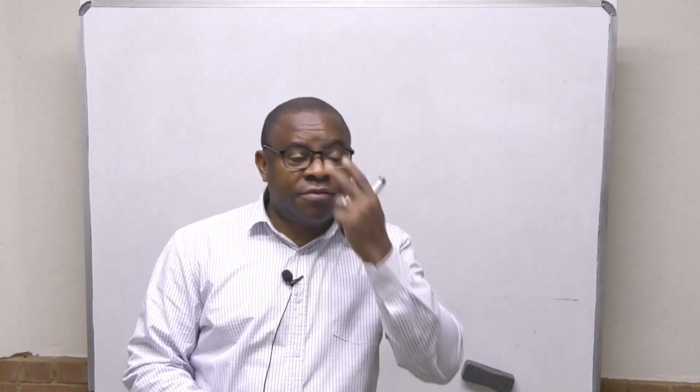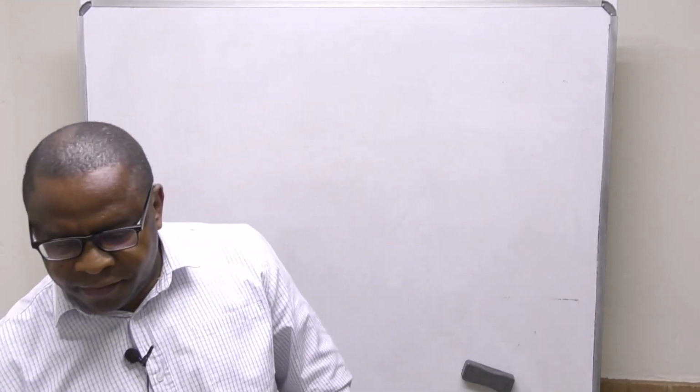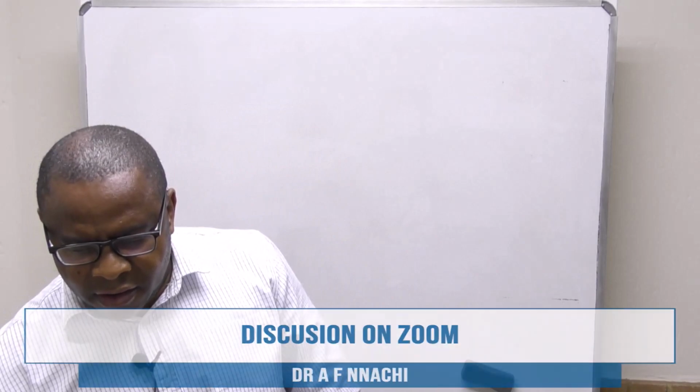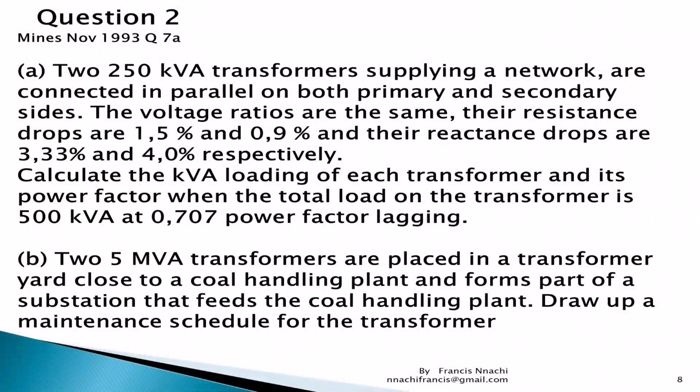So now let's look at this question. Now the question says two 250 kVA transformers supplying the network are connected in parallel on both primary and secondary sides. The voltage ratios are the same. The resistance drops are 1.5% and 0.9%, and their reactance drops are 3.33% and 4% respectively.